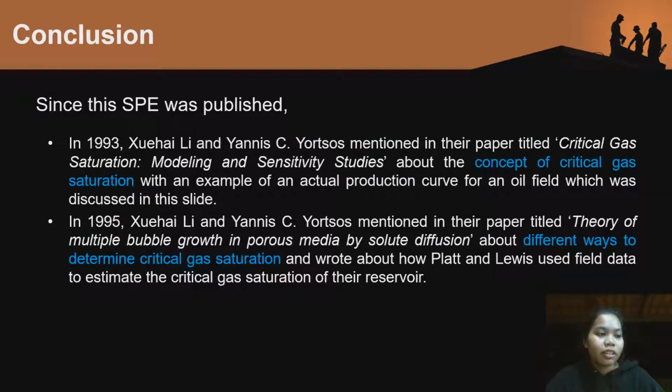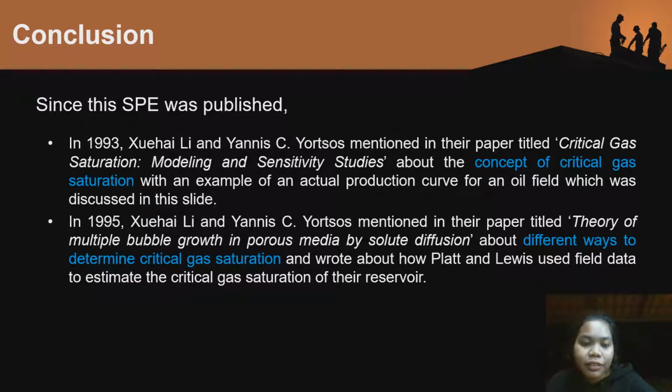Lastly, the authors, Platt and Lewis, hope that the knowledge gained from this paper could be used as a reference or assistance for other similar research. We have found some SPE papers that use this SPE paper as a reference for their research. In 1993, Zuhair Lee and Yanis Yotsos mentioned in their paper titled Critical Gas Saturation Modeling and Sensitivity Studies the concept of critical gas saturation, with an example of an actual production curve for an oil field which was discussed in this slide.